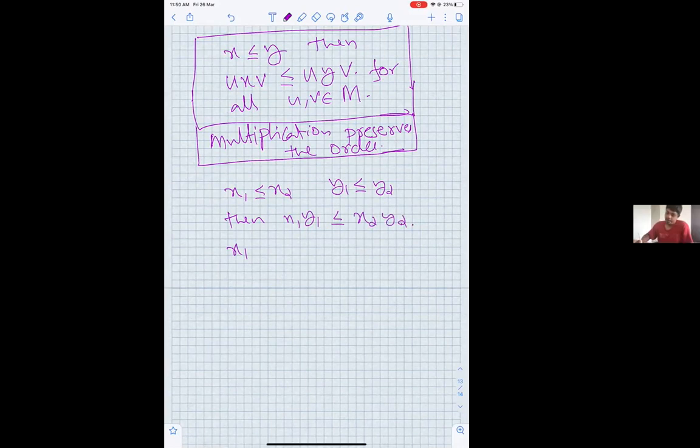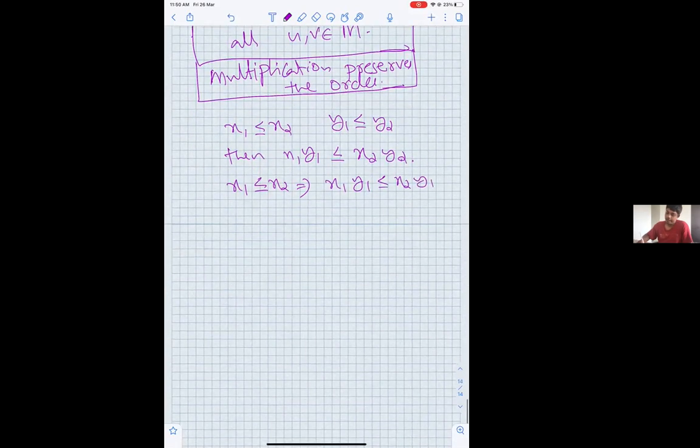I know that x1 is less than or equal to x2, so x1 y1 is less than or equal to x2 y1. And x2 y1 is less than or equal to x2 y2 because y1 is smaller than or equal to y2. If I multiply on the left by x2, it will preserve the order. And since it is a partial order, I get that x1 y1 is smaller than or equal to x2 y2.